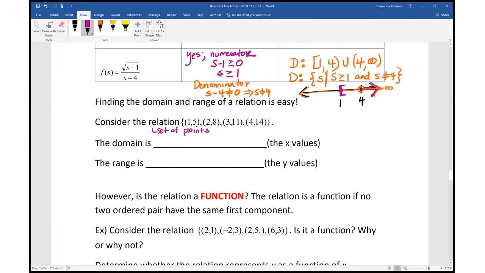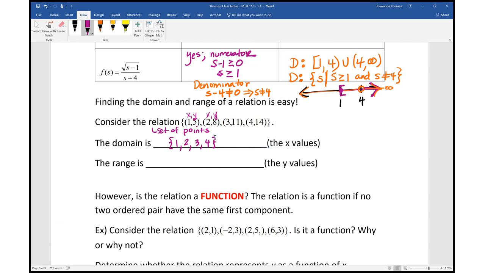If you are given the exact x values, then your domain is just your x values, right? This is xy, xy, and so on. So your domain is, we always use braces to write it, 1, 2, 3, 4 for this particular relation.